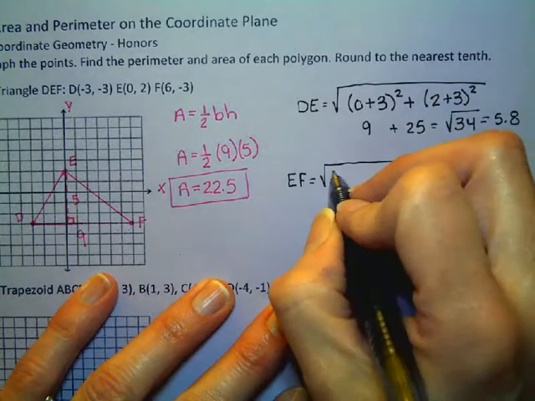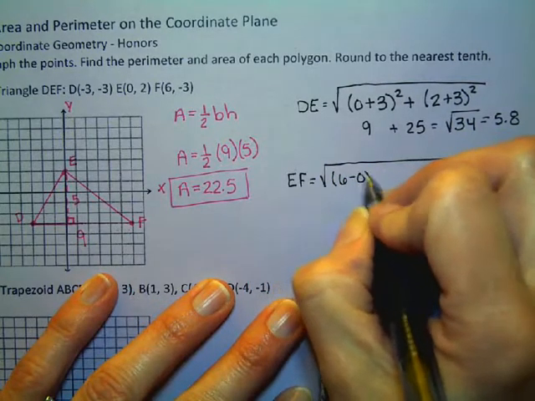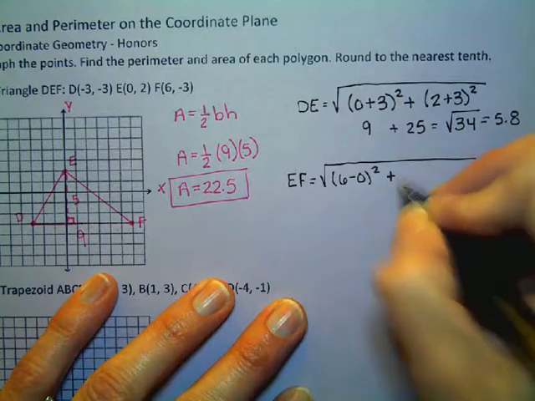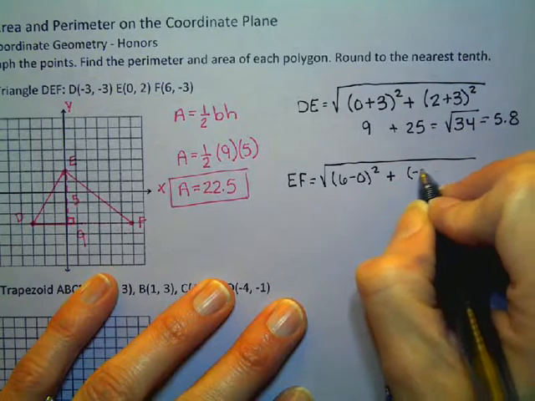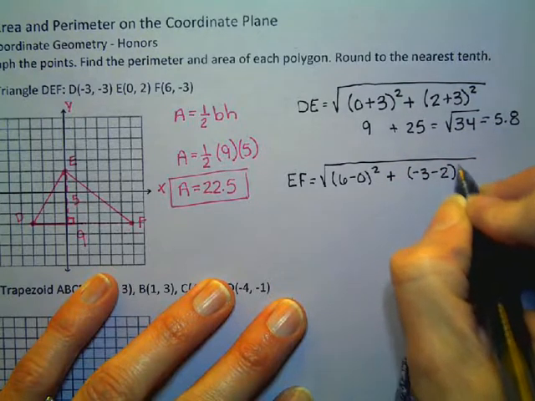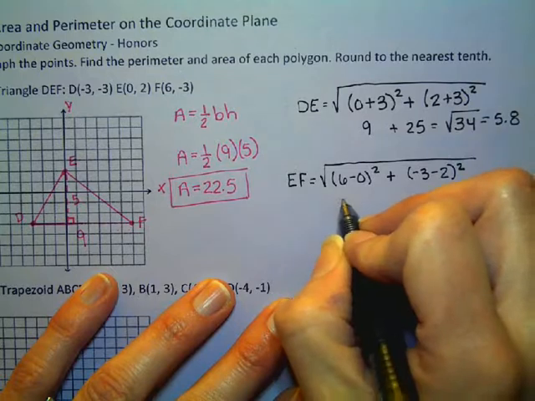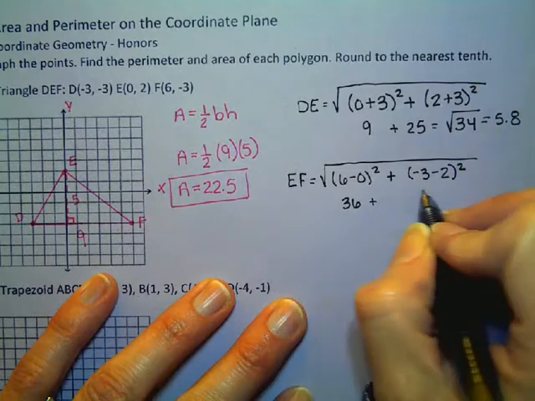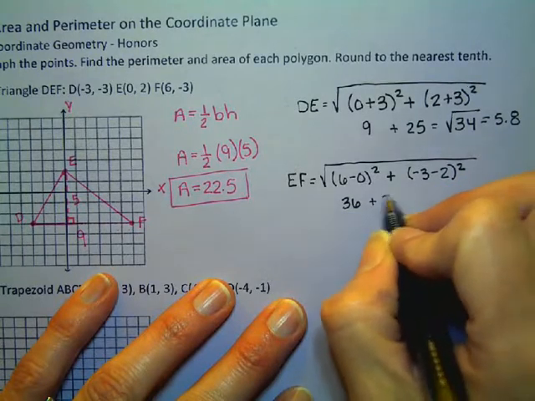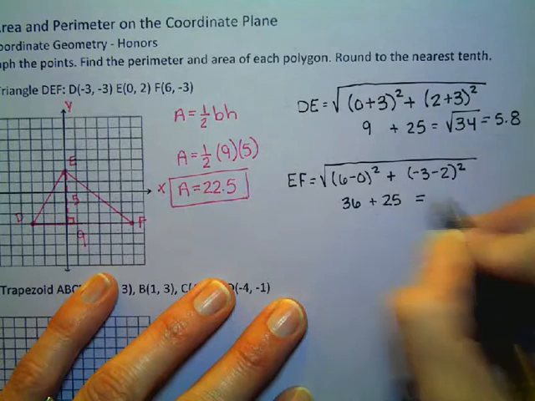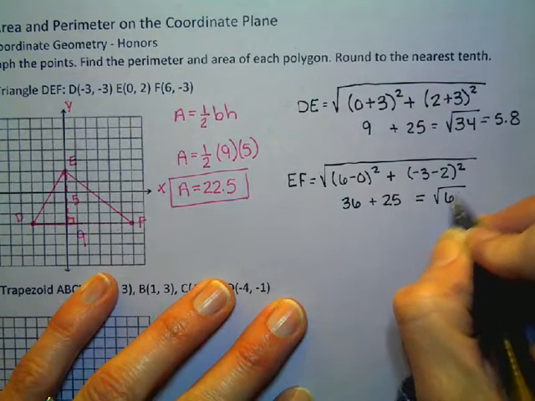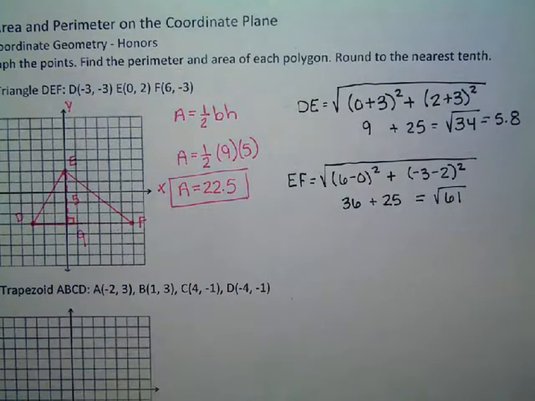So that would be 6 minus 0 squared plus -3 minus 2 squared. That gives us 6 squared is 36. -5 squared is 25. And if I add those together, I get the square root of 61. So we need decimal form of that.